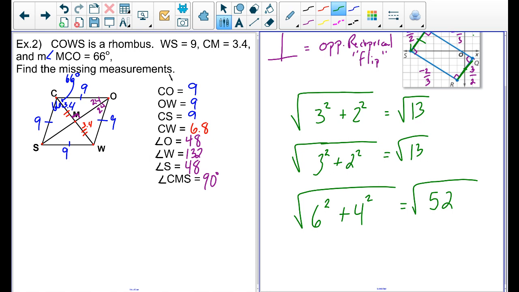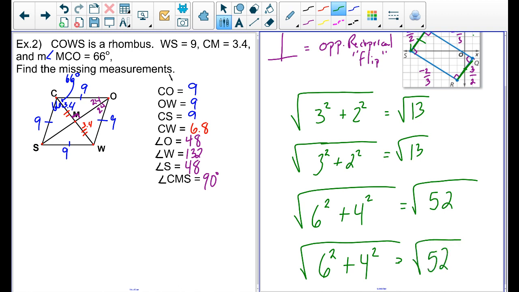So check the S to R. So again, let's count. 1, 2, 3, 4. 1, 2, 3, 4, 5, 6. So 4 and 6 again. So if we're using the same numbers, we're going to get the same answer, right?